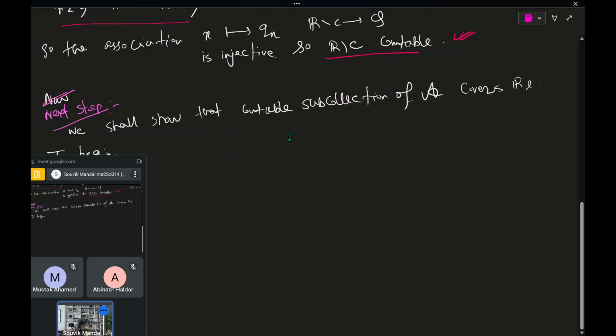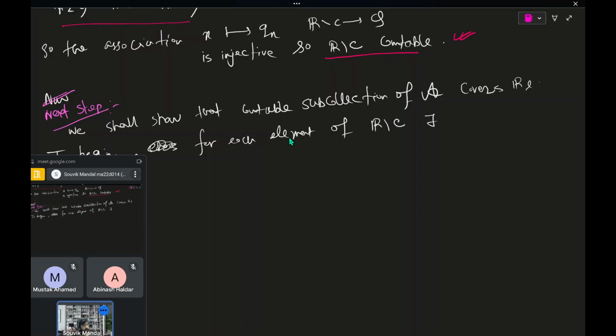To begin with, for each element of R minus C, there exists an element of A containing it.